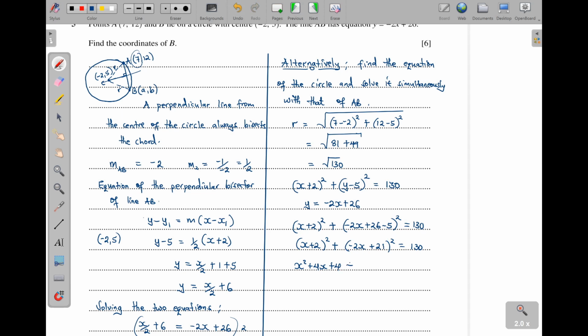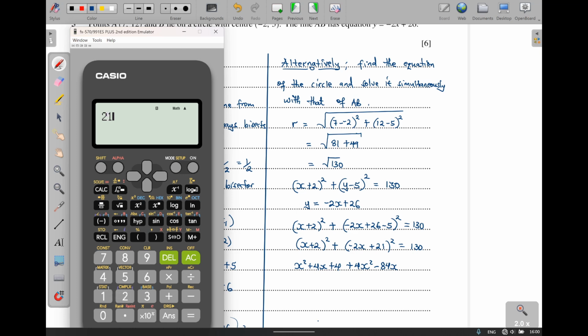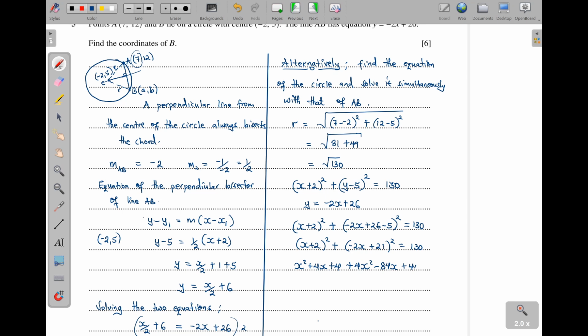We shall get 4x squared, then 2 times 2 times 21, that is 84, so I'll have minus 84x, and then 21 squared, that is 441. Then I'll bring this one this side. It will become minus 130, which is equal to 0.